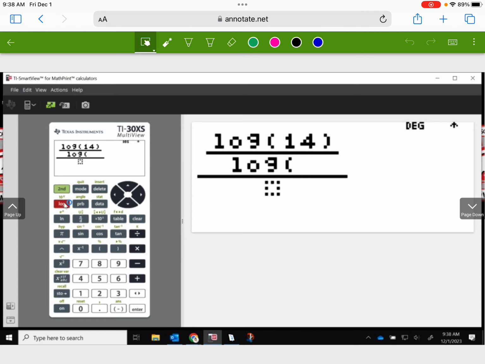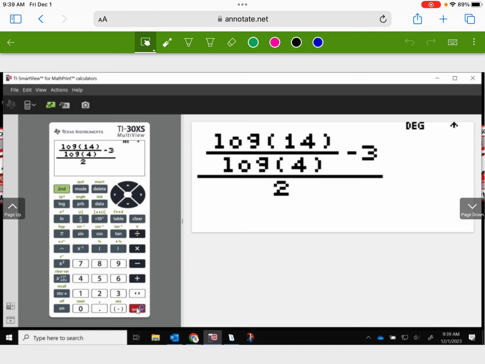Log of 4. Hit the right arrow to get out of that fraction within the fraction. Minus 3 over 2. Pulling that up from memory. I think I used all the right numbers. So it looks shockingly even grosser in calculator font.